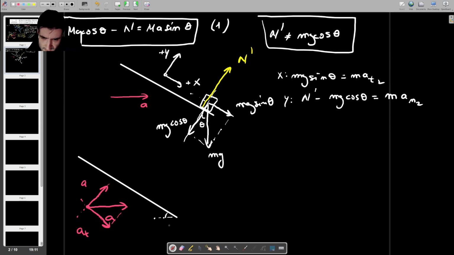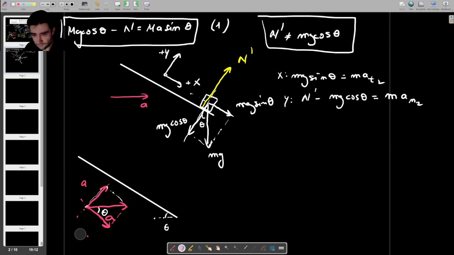So if this angle is theta, let's think about it. This is perpendicular to the plane, and I would say this angle here is theta. Yeah, I think that's about right.